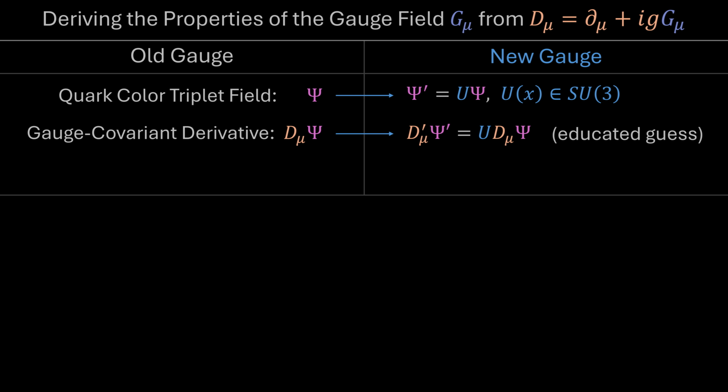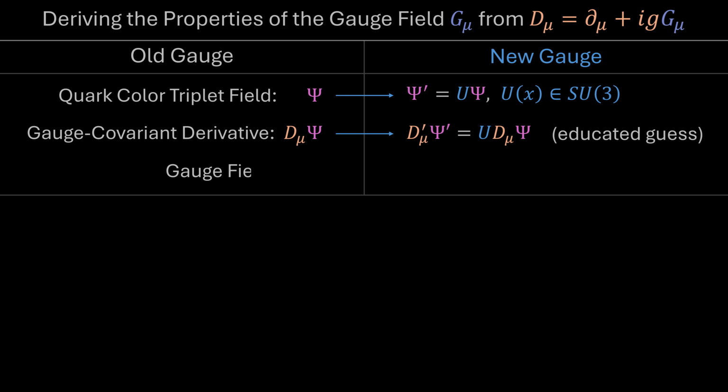So remember, what we're going to do once we find the gauge field based on this covariant derivative is we're then going to drop the concept of the gauge covariant derivative and see if psi and g mu on their own interact in a way which gives our model local SU3 symmetry. So the gauge covariant derivative is a helpful tool for helping us figure things out, but it's not something that we have to take on faith forever. It's just an educated guess as part of the problem-solving process.